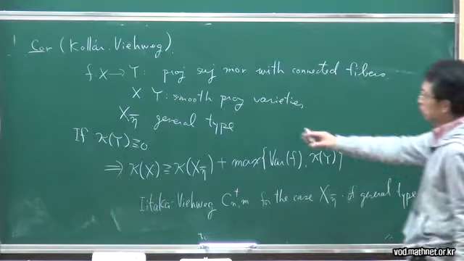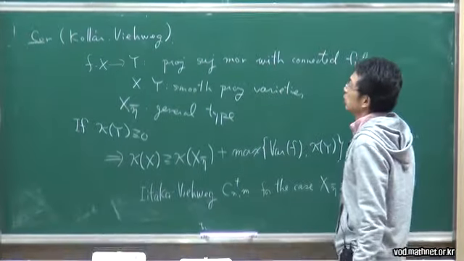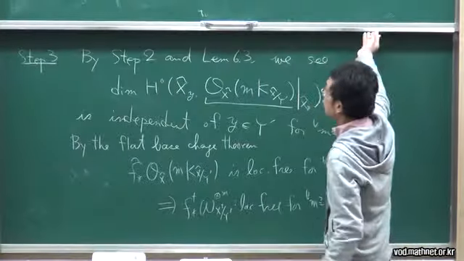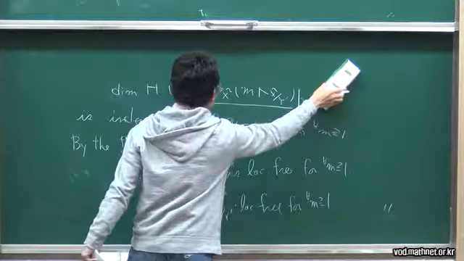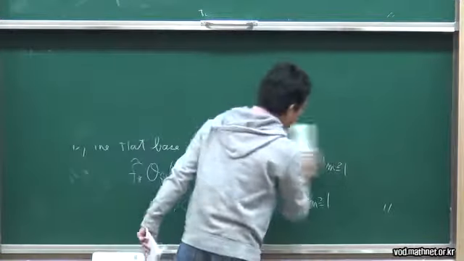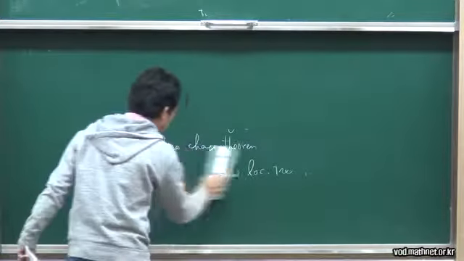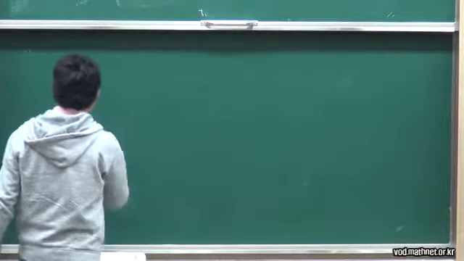Originally, Kollár proved this result by using very difficult results on variation of Hodge structure.